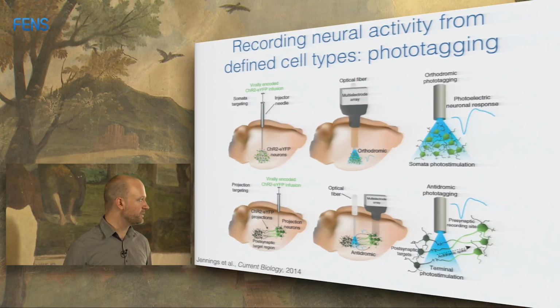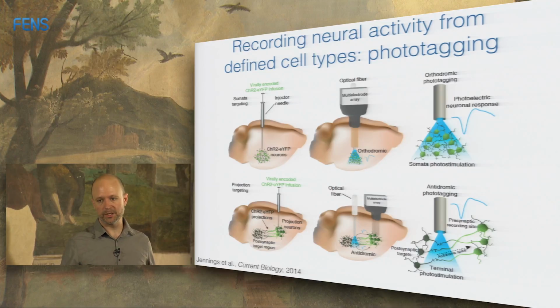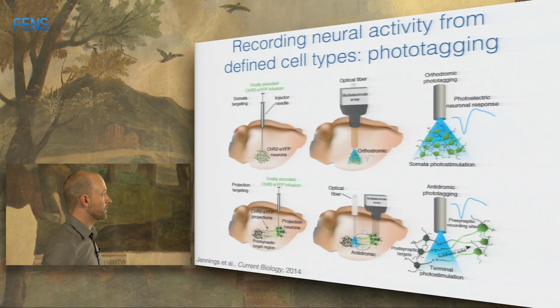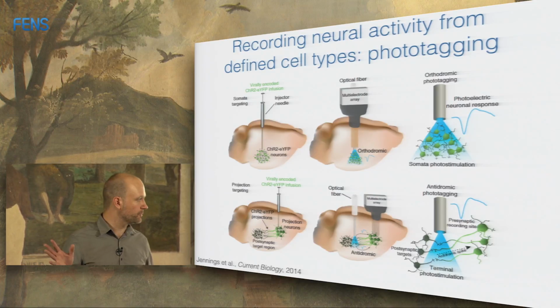So the basic premise, or the rationale, is that cells that are directly responding to the light pulse would be the cell type you're interested in recording, right? Like if you did this in the VTA, for example, we know that there are dopamine cells, GABA cells, and other types of neurons.